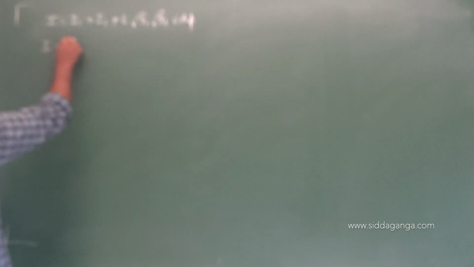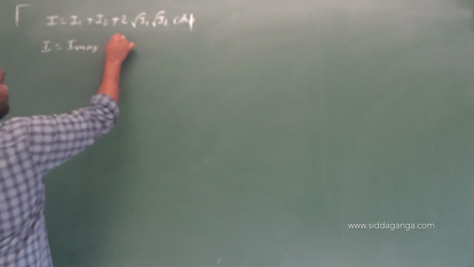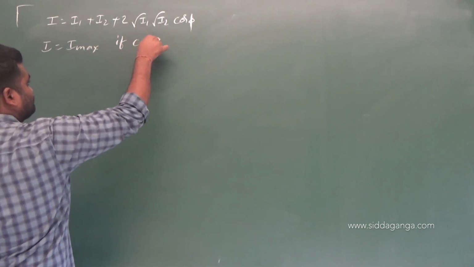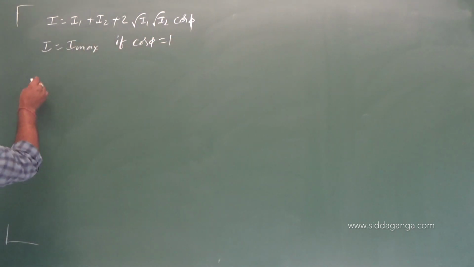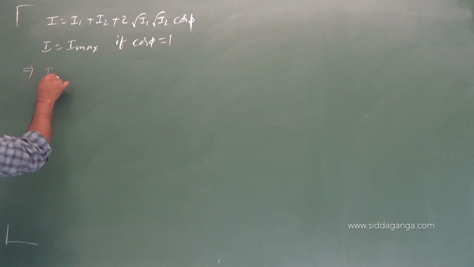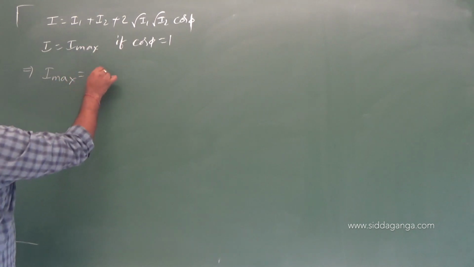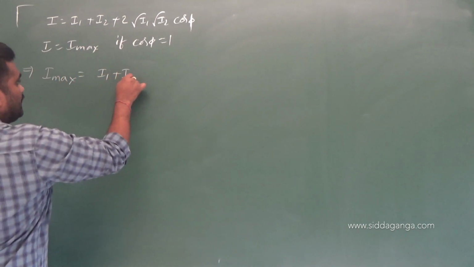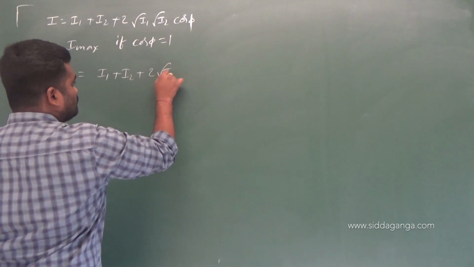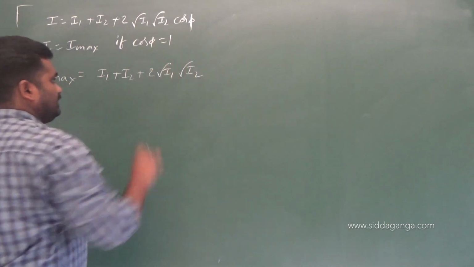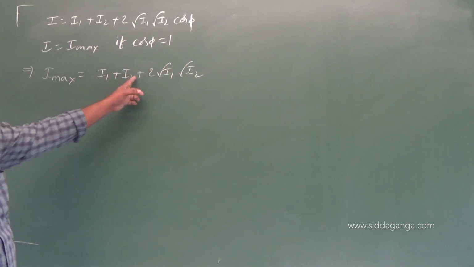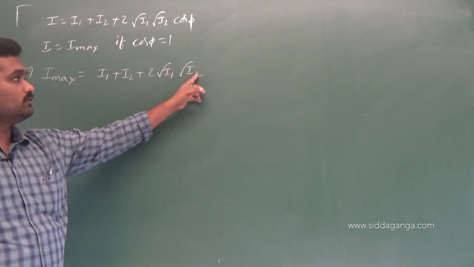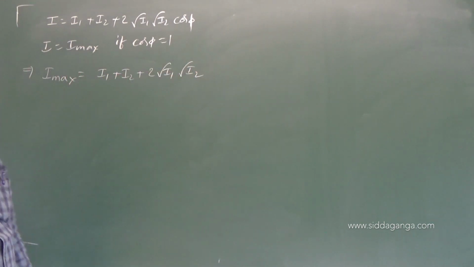I equals I maximum if cos phi equals 1. Then I maximum equals I1 plus I2 plus 2 root I1 into root I2, which is the maximum intensity we get.